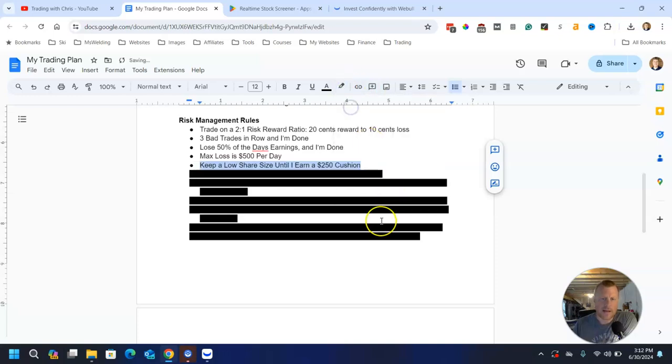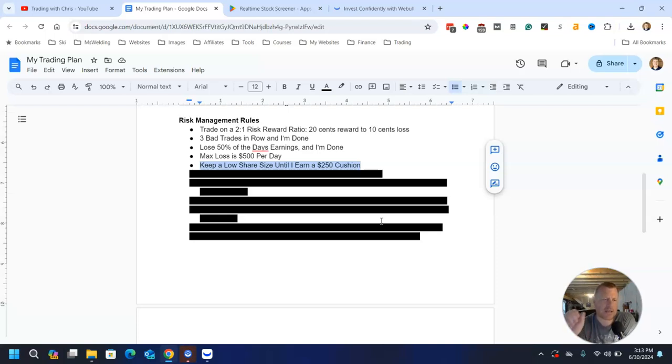All right, next, keep a low share size until I earn a $250 cushion. If my goal is to earn $1,000, I want to build up my first $250, but I don't want to take huge share size, let's say 5,000 shares right off the bat, because if I lose 10 cents right off the bat, now I've just lost $500, just like that. I don't want that to happen right away, especially on my first trade.